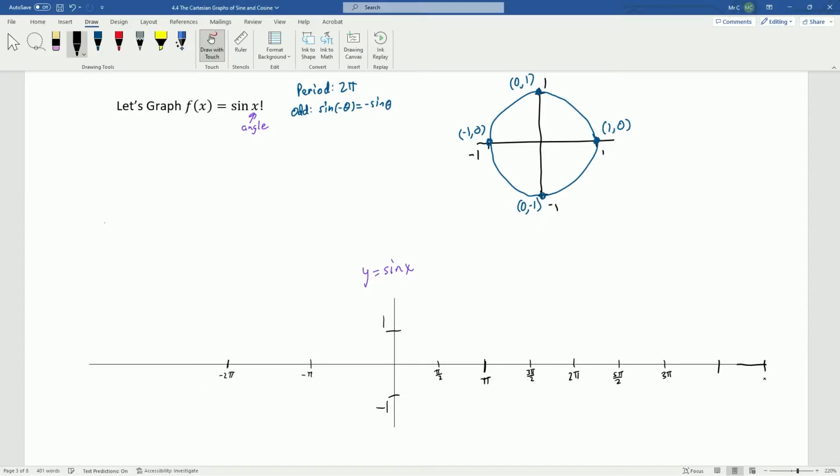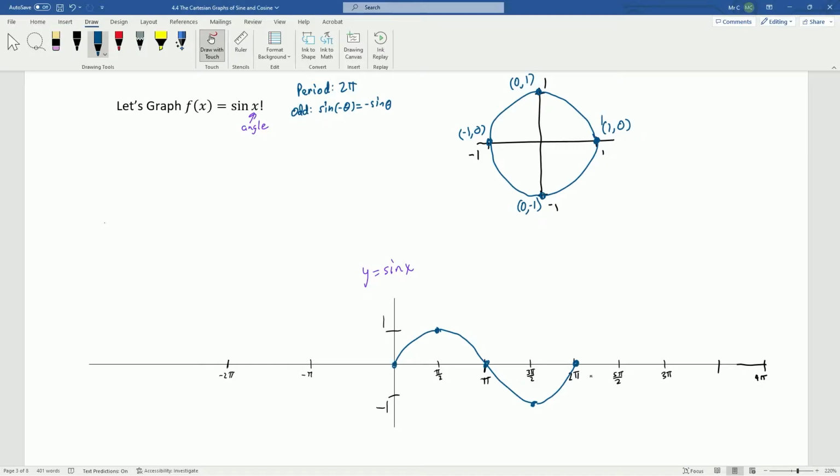So if I just think about these y values on the unit circle, I know sine of 0 is 0, and sine of pi over 2 is 1, and sine of pi is 0, and sine of 3 pi over 2 is -1, and sine of 2 pi is 0. And so that's my first 2 pi for my graph. So again, that should only take a few seconds if you know these quadrantal values on the unit circle.